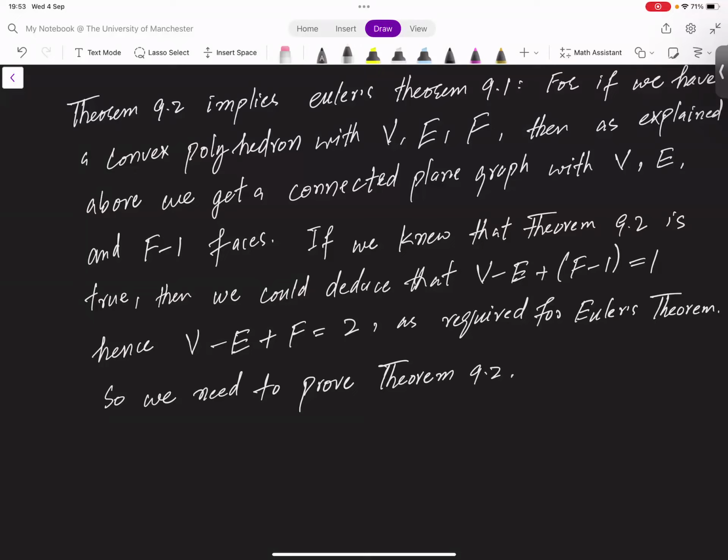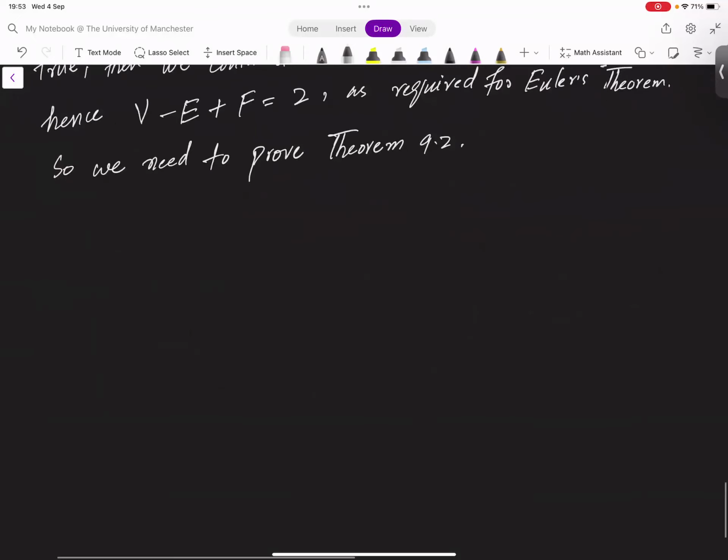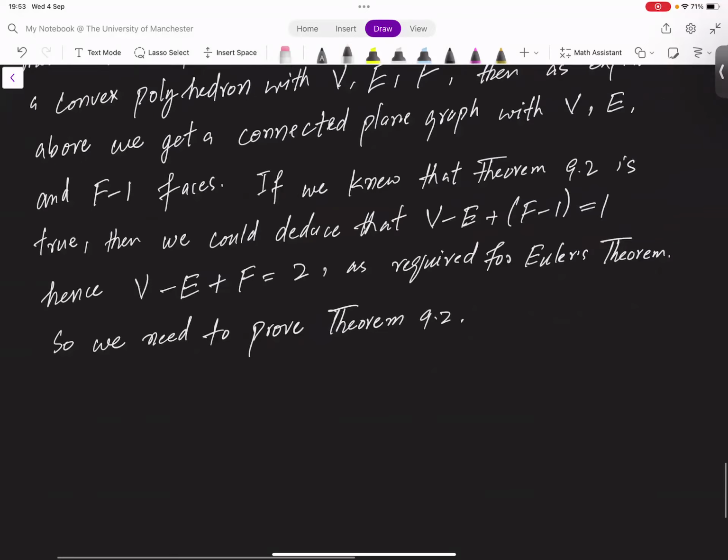And then just from there, we can induce the result. So let's give the proof.